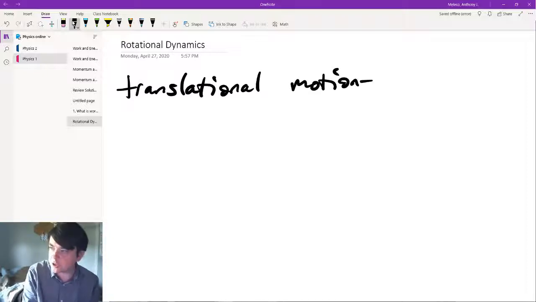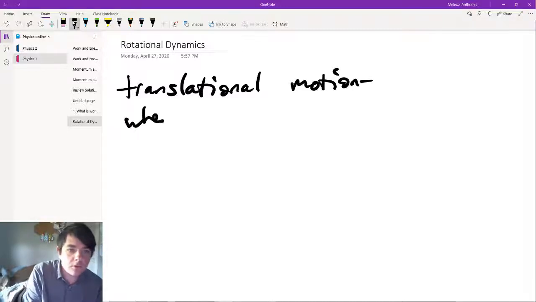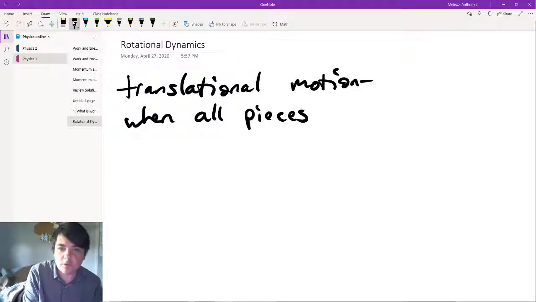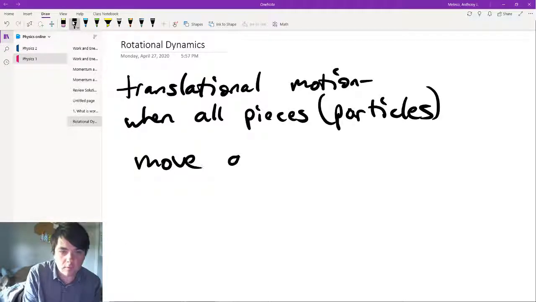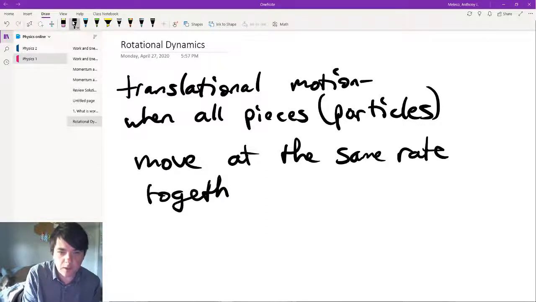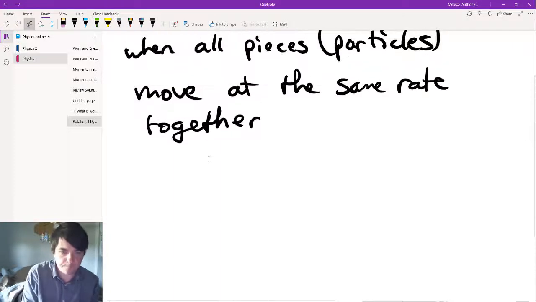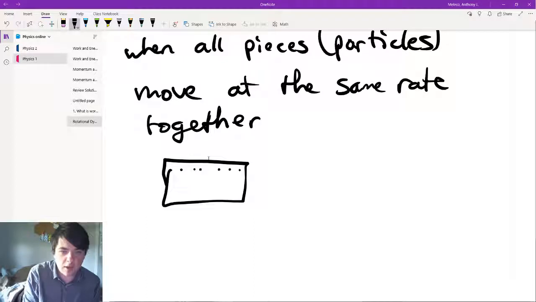So translational motion is when all the pieces or particles that make up an object move together at the same rate. So, for example, you've got some box, and you've got tons of particles within that box, right?